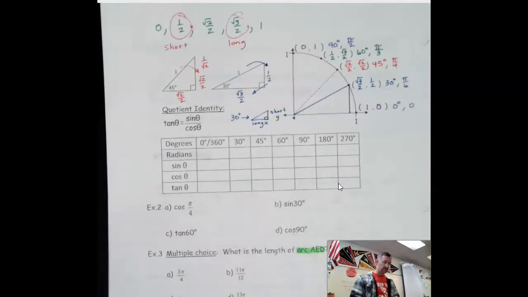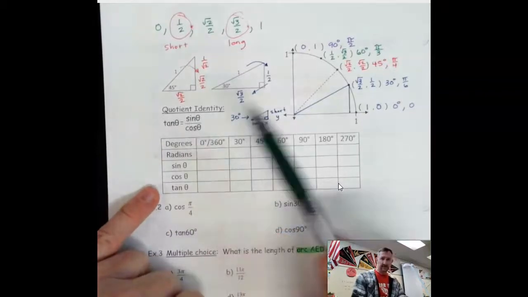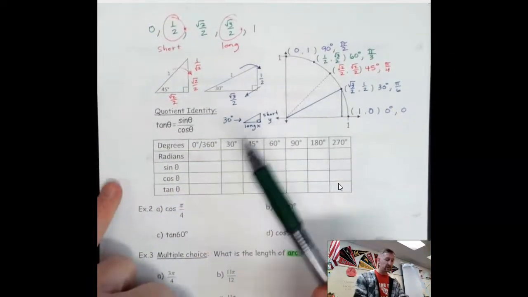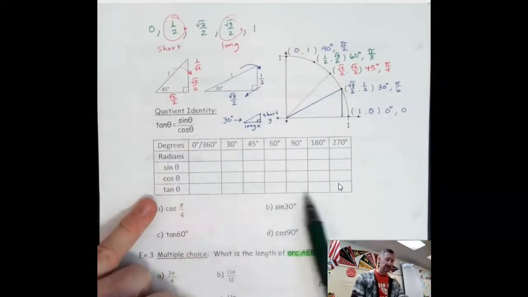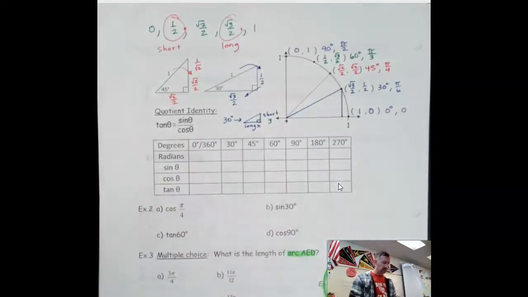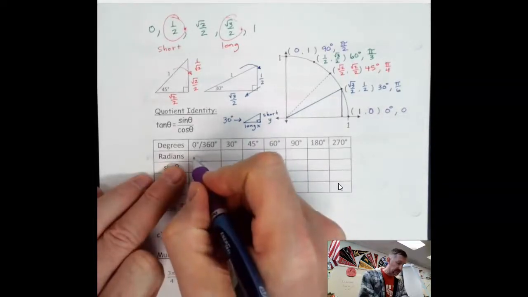Now another thing to consider is tangent, and we have something called the quotient identity. Tangent is sine divided by cosine, so that's how we're going to fill out the tangent spots down there. Okay, so let's fill this out, and so 0 degrees is 0 radians.